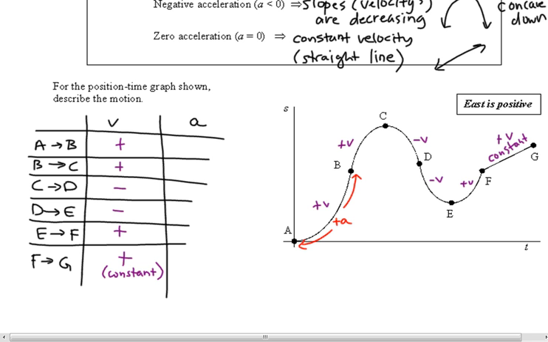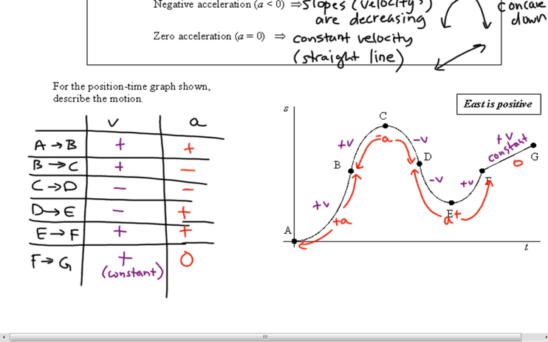So B to C all the way to D, let's use red, is all negative acceleration. That's all concave down. D to F is all concave up. And what's the acceleration going to be of a line? 0. So we have positive, negative, negative, positive, positive, and then 0.